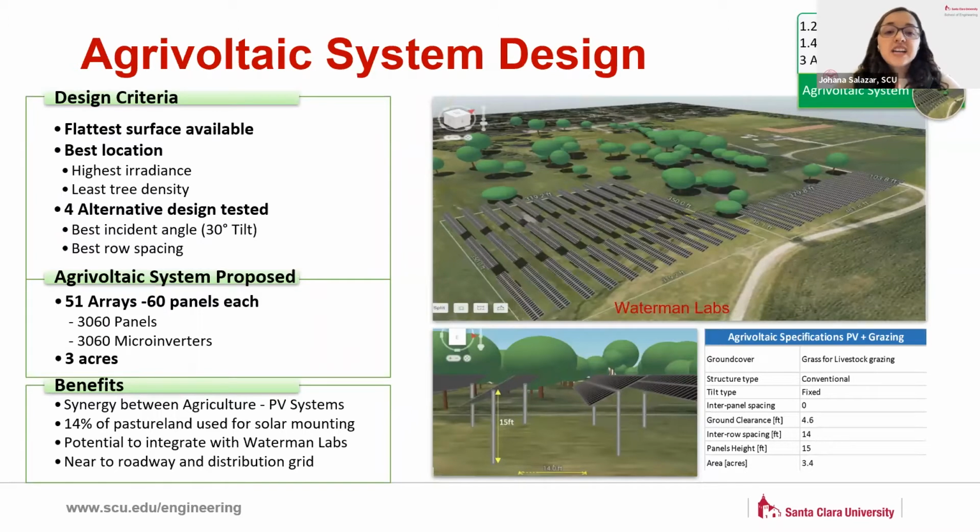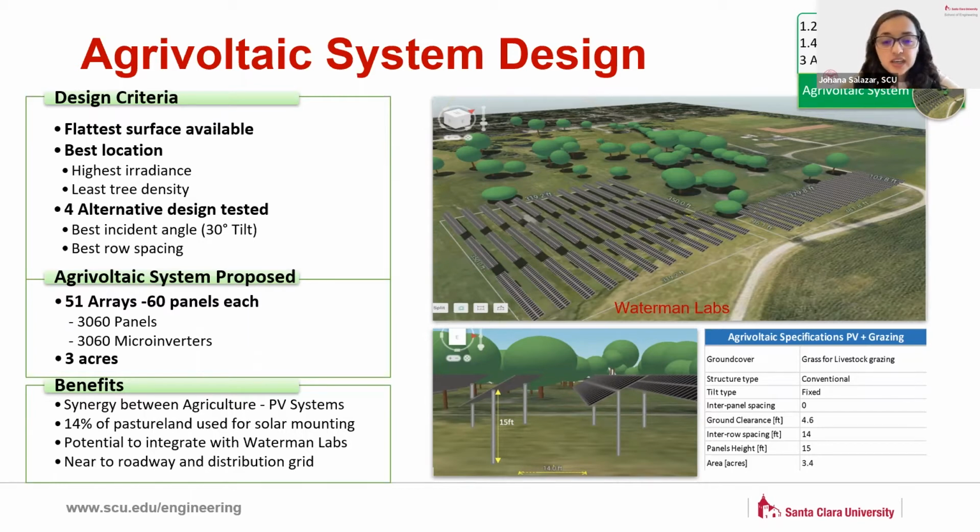For the agrivoltaic system design, we took a different approach. Considering that we were provided with 21 acres of land, we decided to analyze 3 characteristics that give us the chance of having the most energy for a particular area. The first thing we did was pick the flattest location, so that the irradiance was as uniform as possible for our design.